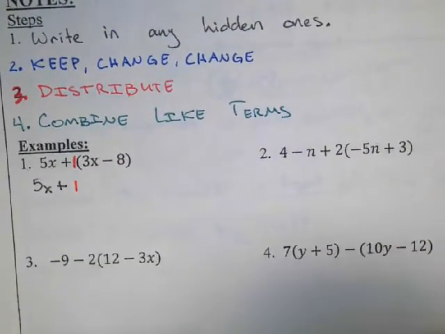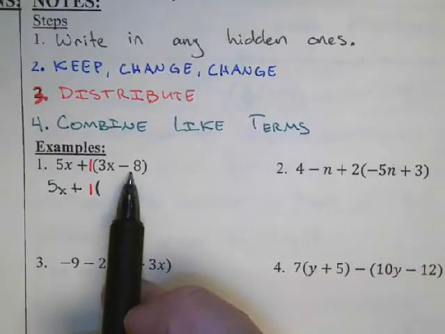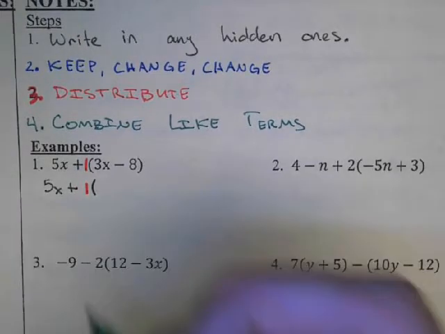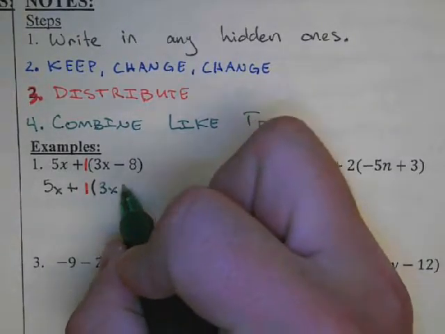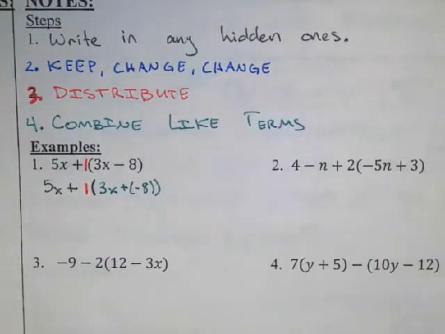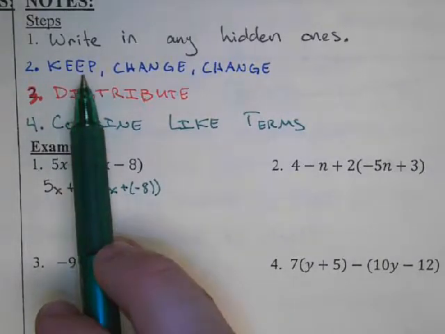Then I'm going to open my parentheses. And right here, since there's subtraction, this is where my keep, change, change is going to come in. So we end up with 3x plus negative 8. And there we go. Okay, so we wrote in our hidden ones. Step 1 accomplished. Step 2, we did our keep, change, change.